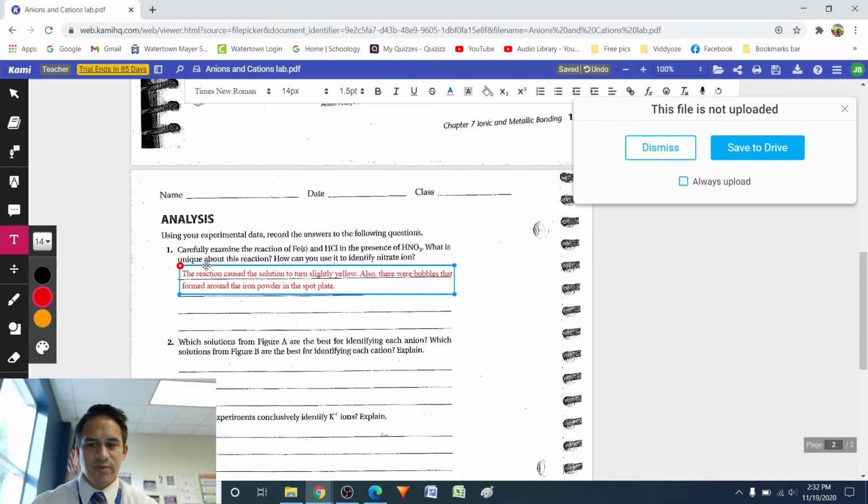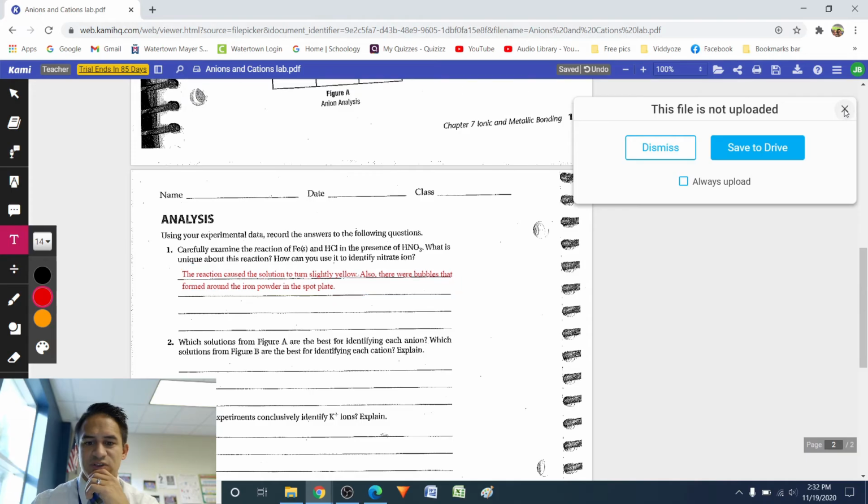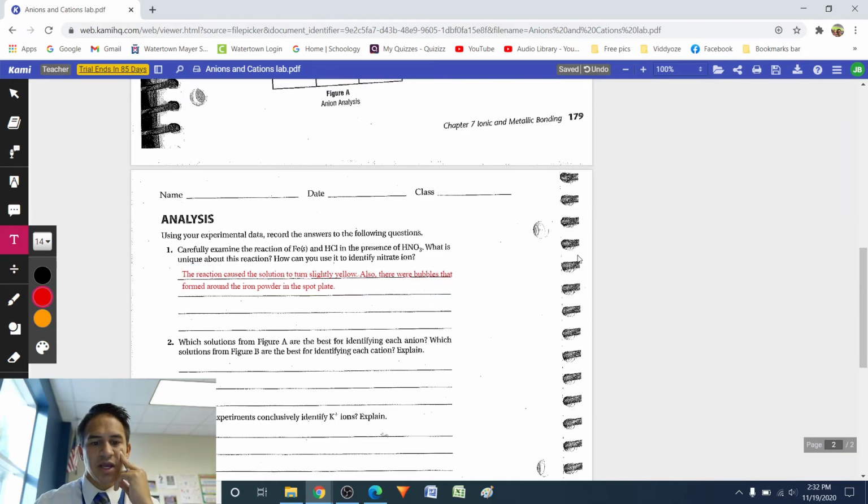Yeah, so it basically answers the question of what is unique about it and how can you use it to identify a nitrate ion. Basically the evidence of what it does, right? The clues of what it gives. It turns yellow, gives bubbles, is what we can use to identify nitrate ion.